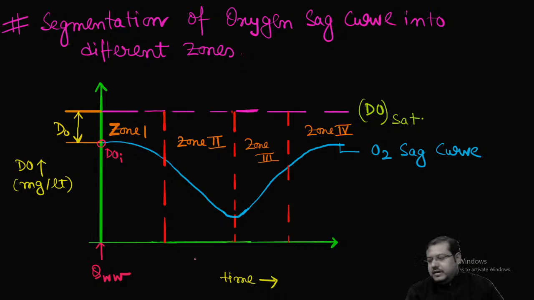Now, what we are going to do, we are segmenting the oxygen sag curve into 4 zones. Everything is same, just zone 1, zone 2, zone 3 and zone 4.